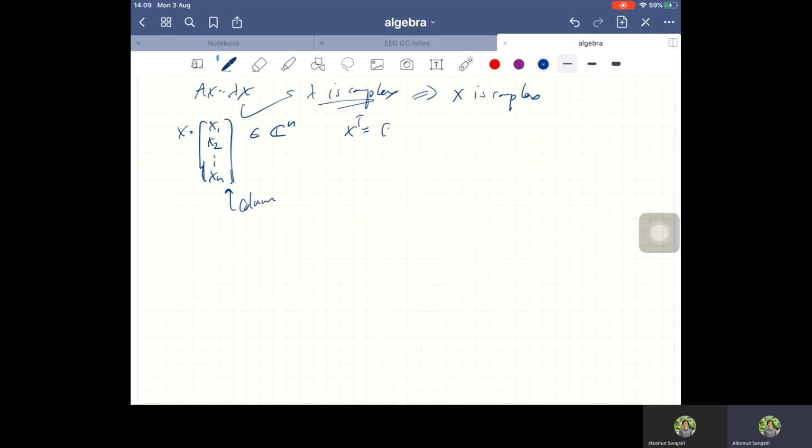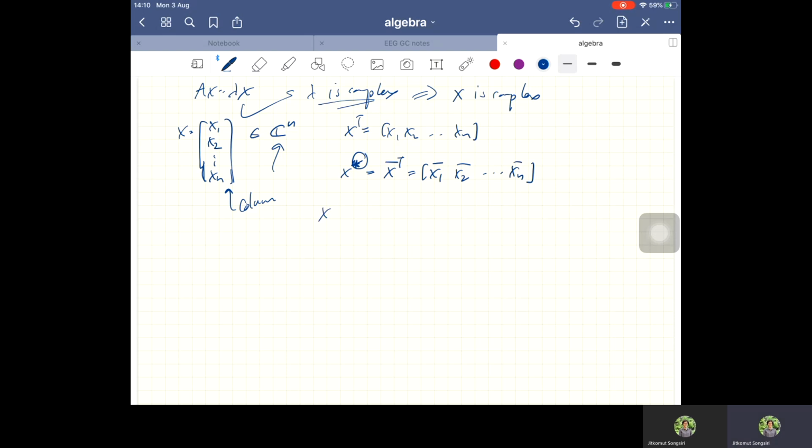But when you deal with complex matrices and complex vectors, I would like to introduce the star notation, called the Hermitian conjugate. It means you take the transpose and the complex conjugate, which means x star, or x bar transpose, is x1 bar, x2 bar, ..., xn bar. Very simple.